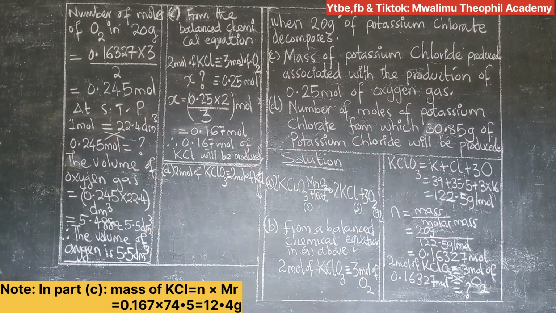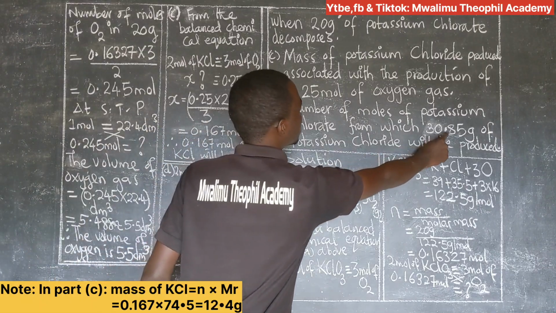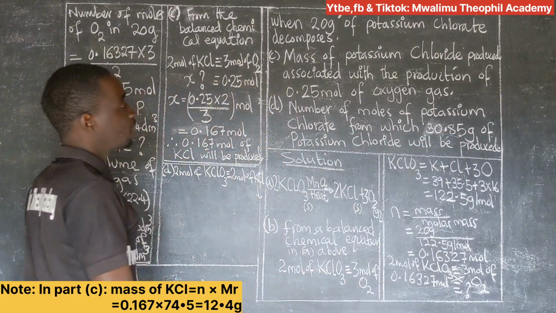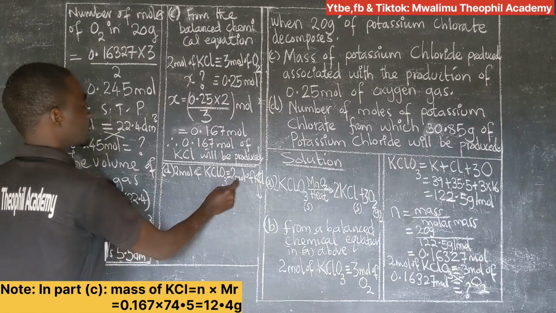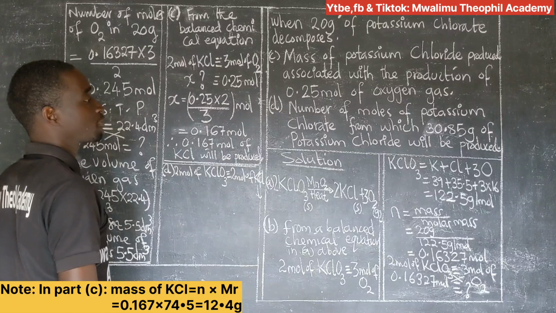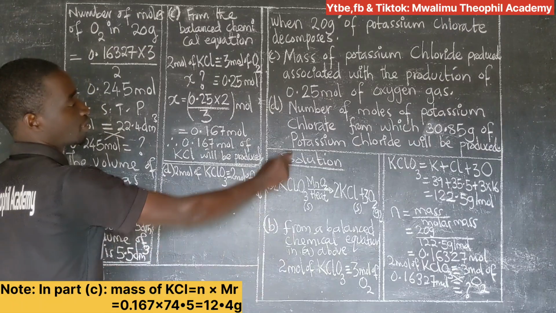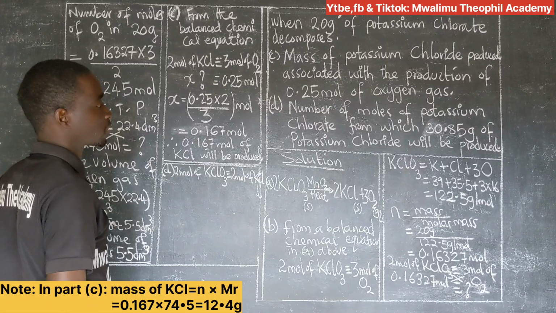Here we are given 30.85 grams of potassium chloride, which is given in terms of mass. As the relation is in moles, we have to convert the 30.85 grams of potassium chloride into number of moles.